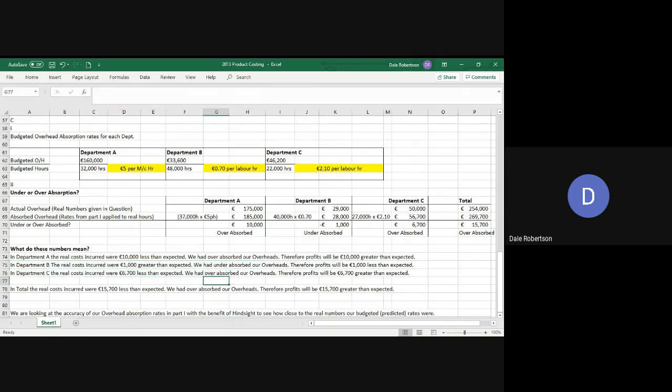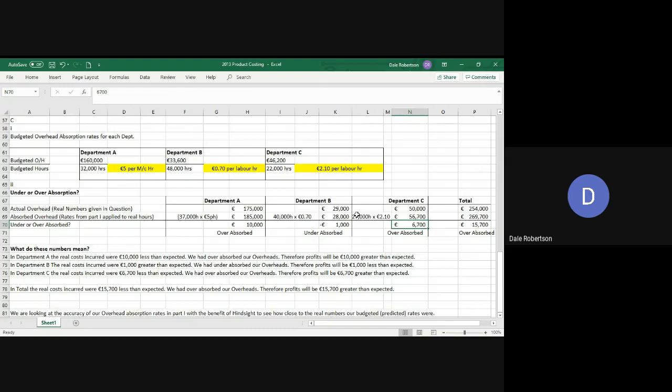And then finally, you do the same process for Department C. And you say to yourself that the actual overheads were 50,000. When you multiply your 27,000 real hours by the rate of €2.10 above in part one, you're going to overabsorb by 6,700.